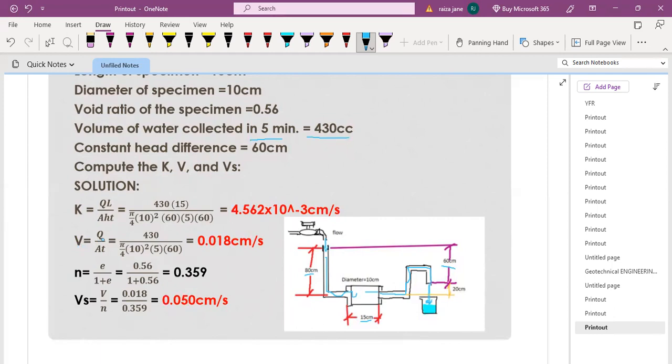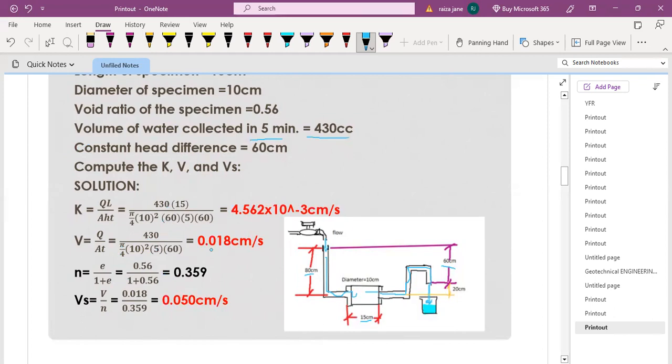And yung Q na big letter naman is, ayun yung volume of water na na-collect natin. So, 430 over pi over 4 times 10 yung diameter raised to 2 times 5 times 60. So, yung makukuha natin is 0.018 centimeters.